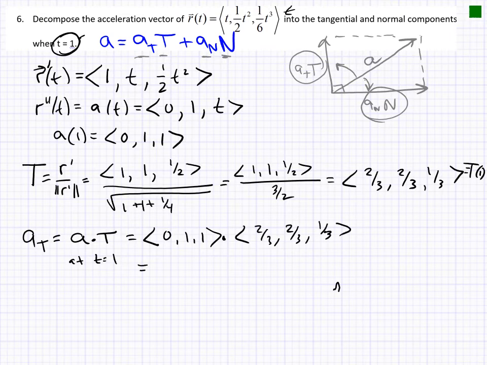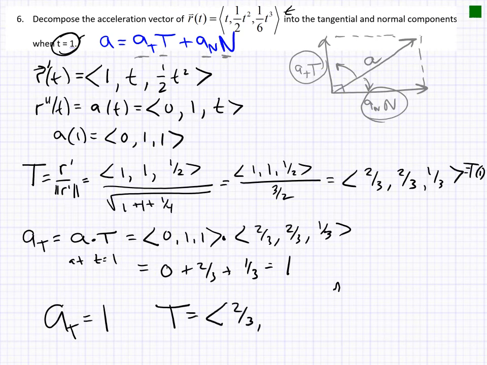And so the dot product between those two things is going to be 0 plus 2/3 plus 1/3. So you end up with 3/3 or 1. Okay? And so now we know that a sub t equals 1. We know that T equals this vector 2/3, 2/3, 1/3. And this is all for t equals 1.